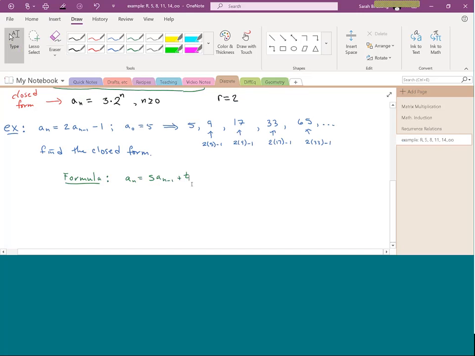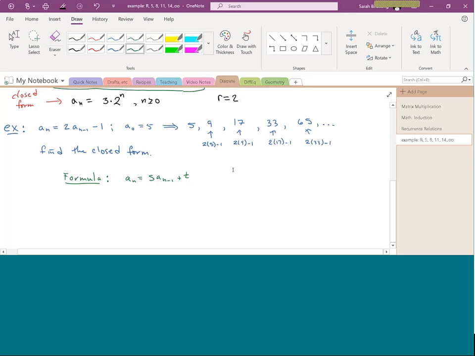And this is what's known as a linear equation. It's linear because you don't have your previous term raised to any exponent or on the bottom of a fraction or in a square root. It's just being multiplied by a constant, maybe being added to a constant.